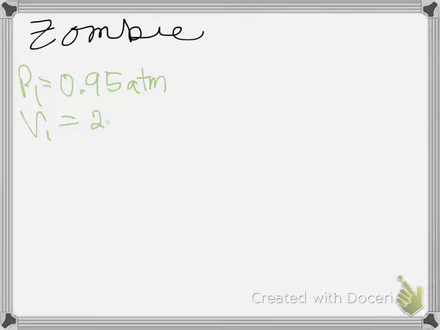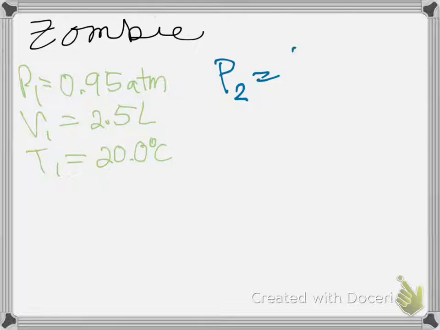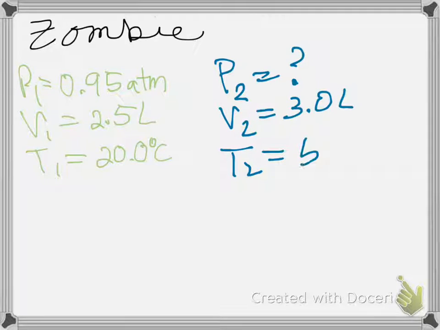V1 was 2.5 liters, and T1 is about 20 degrees Celsius. P2, oops, let's do this in the other color. P2 is unknown, we're trying to figure that out. V2 was 3 liters, and T2 is 15 degrees.